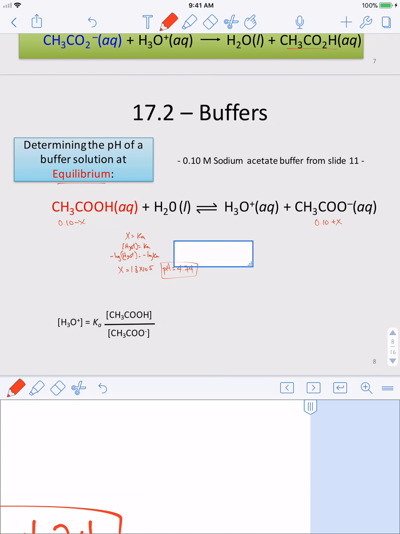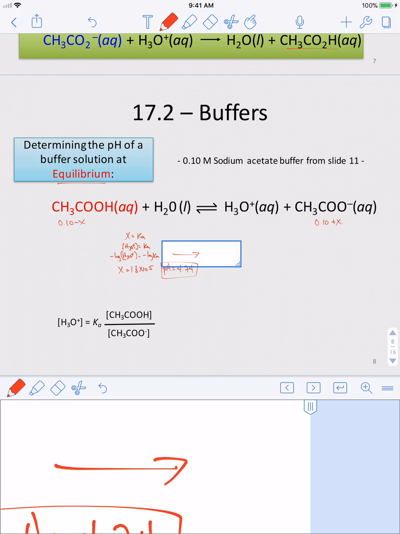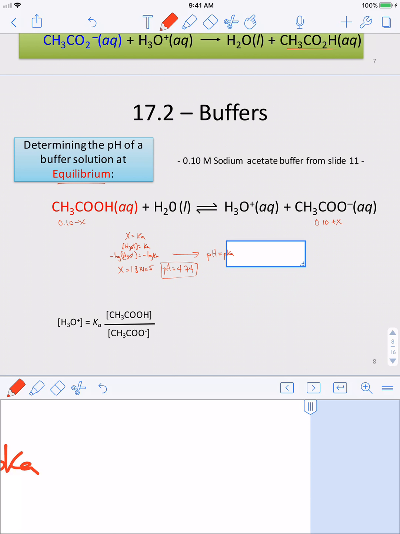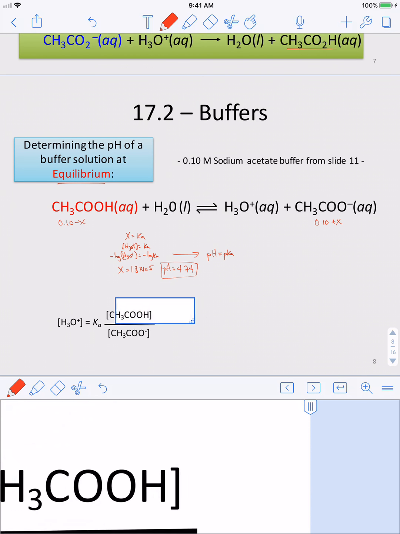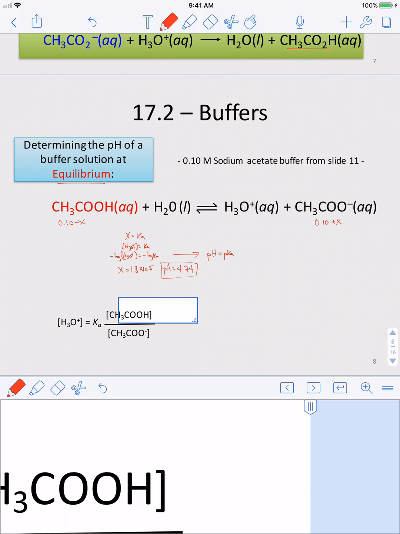So another way to think about this is that the pH, negative log of H3O plus, is equal to the negative log of Ka, the pKa. Where we have equal concentrations of the weak conjugate acid and weak conjugate base in a buffer, the pH equals the pKa.